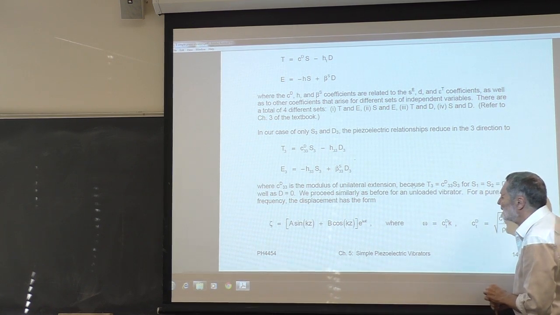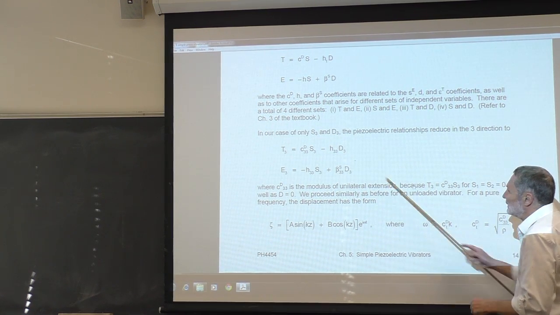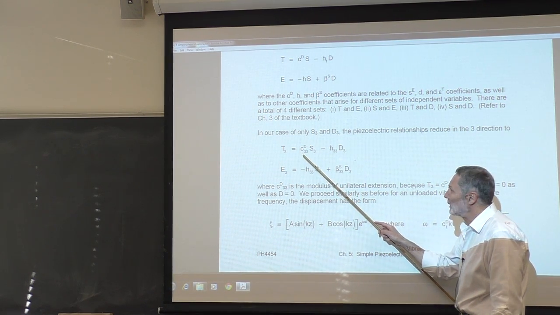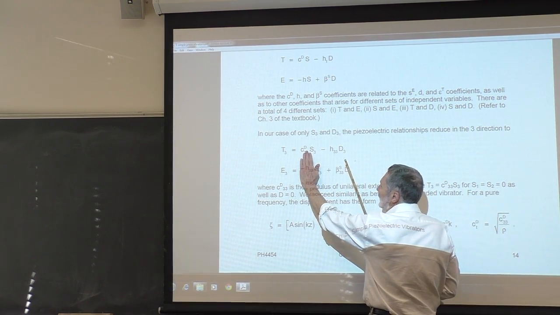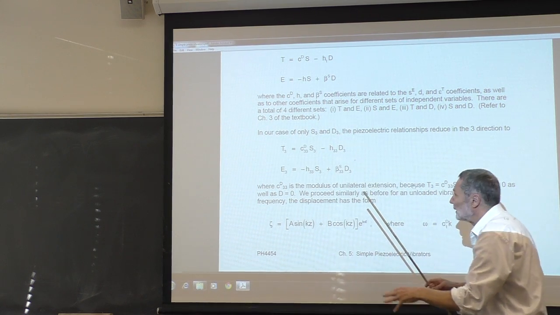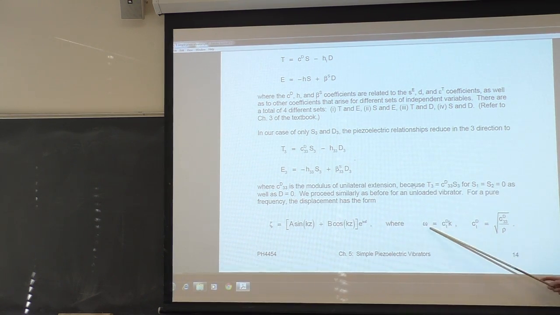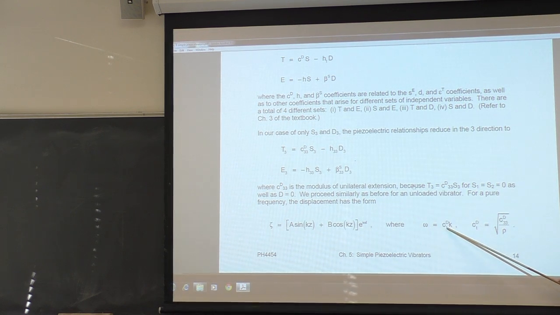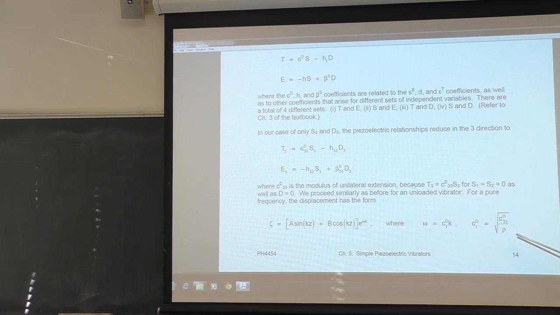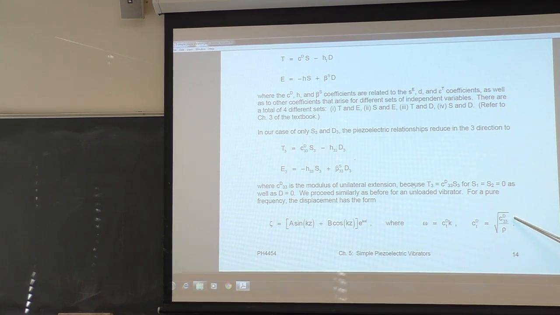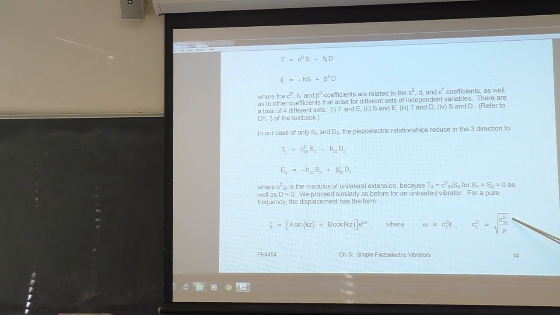From this point on, we're going to have two indices on the stiffnesses. We're not going to think of it as a matrix from now on. This is now explicit; we just care about that entry there. You can see omega is equal to ck. This is a wave speed, and it's the square root of the appropriate modulus, the modulus of unilateral extension and compression, divided by the density.